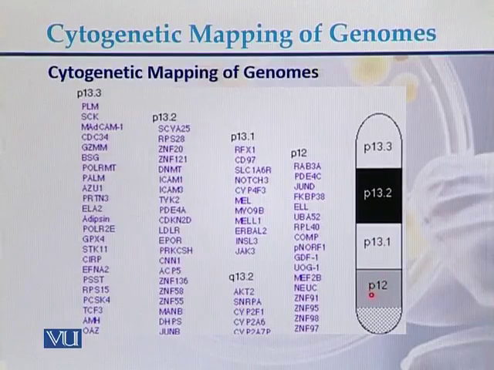In case of region P12, all these genes are located in this region. In case of region P13.1, all these genes are located in this region. And the same is the case for P13.2 and P13.3. So a cytogenetic map is a map in which we can see the stained chromosomes under the microscope.